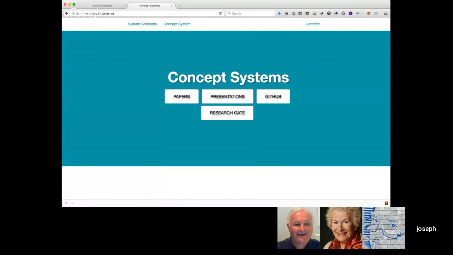What we have is essentially broken it into 4 areas. One, I have a link to the GitHub, which has all the code, ResearchGate, which has all the papers, and then papers and presentations. Really only GitHub and ResearchGate are active links. They take you to the research, the papers.